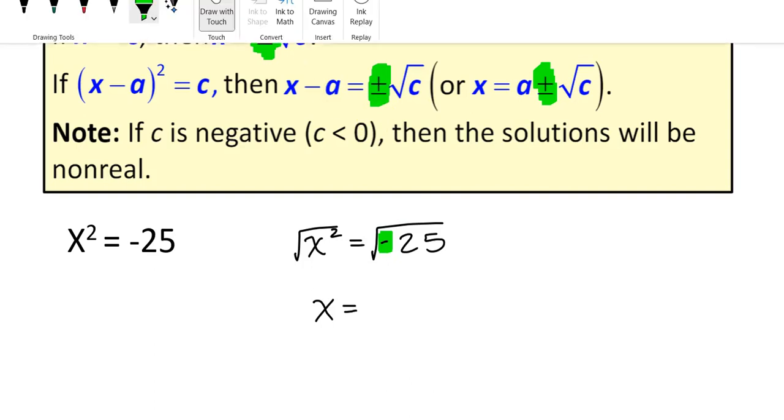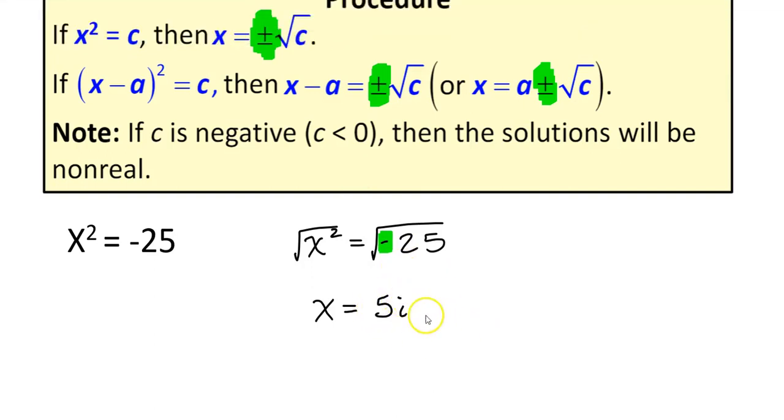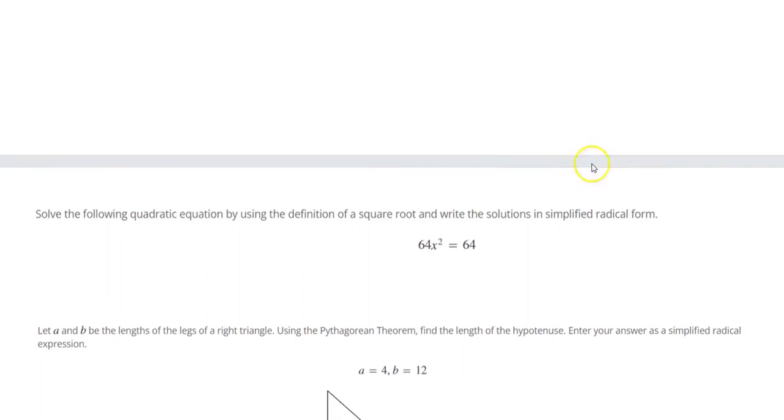So let's kick him out as we square root this thing, and we're going to end up having 5i, but also negative 5i, because this right here will have a plus or minus as an addendum to it. Like I said, don't get too freaked out. We're going to do a bunch of examples. If not on this, we'll do a bunch in class.